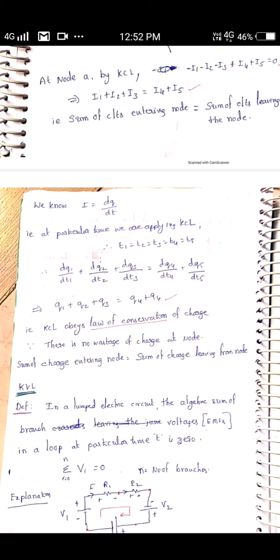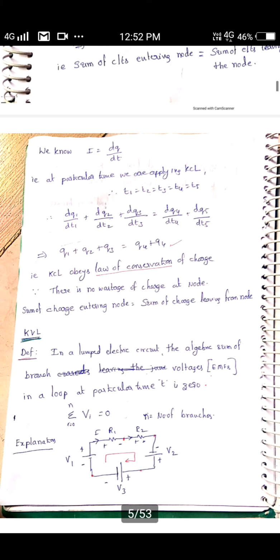To explain this, I'm taking one loop with two sources and two passive elements. Sometimes a source can also act as a passive element. Because of another source, the other source takes the energy. Because of high magnitude, energy travels from the high-energy source to the low-energy source.